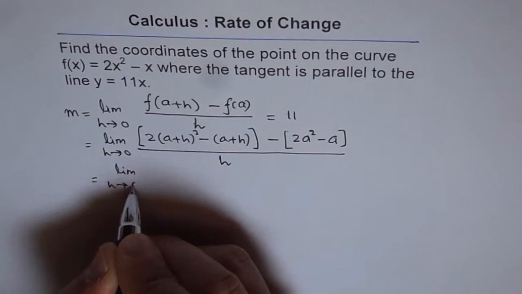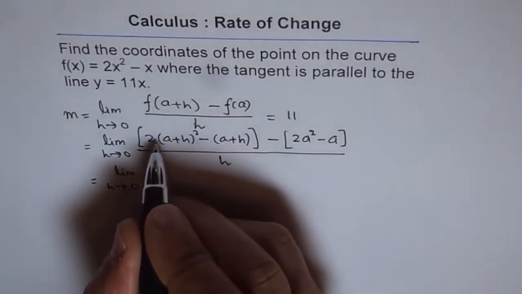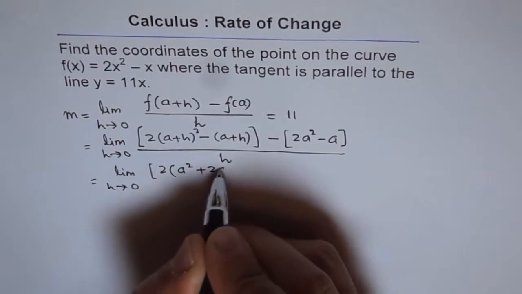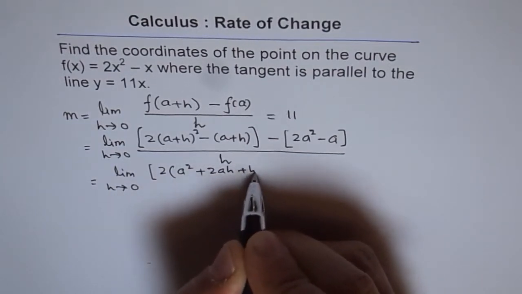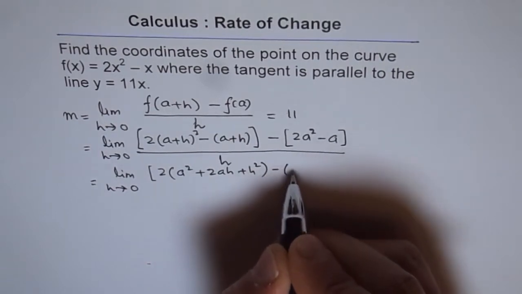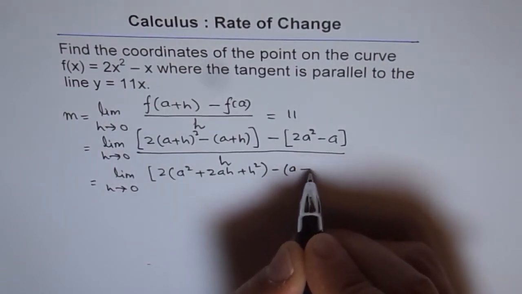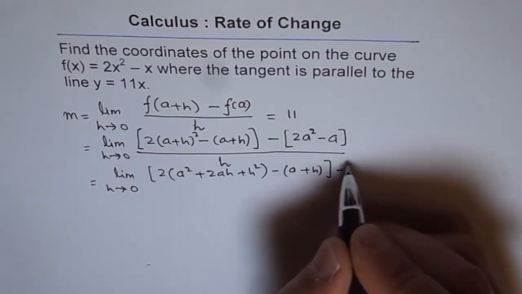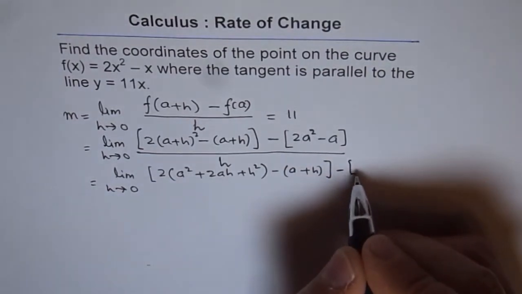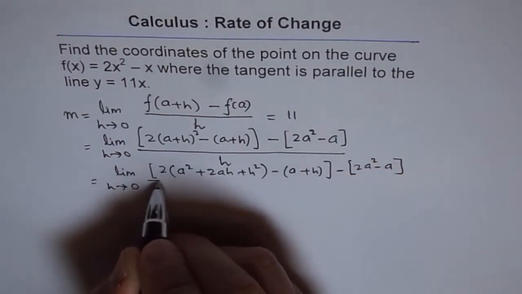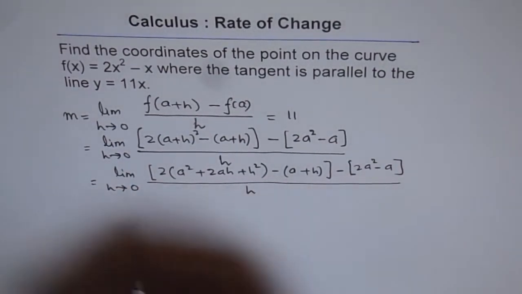So we get limit h approaches 0, and let me expand this, which is a squared plus 2ah plus h squared, minus (a plus h) within brackets, minus (2a squared minus a), correct, over h.